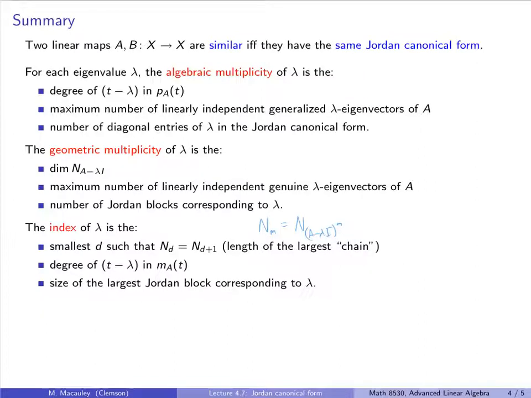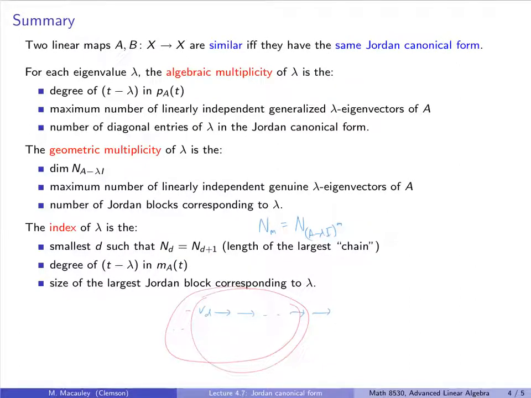Because if you get to the tip of one of these chains, to this v_d, the fact that n_d equals n_(d+1) means that if you go further, v_d is all spanned by these, and if you don't have any more vectors in there, then these null spaces will not only have the same dimension, they'll be the same.